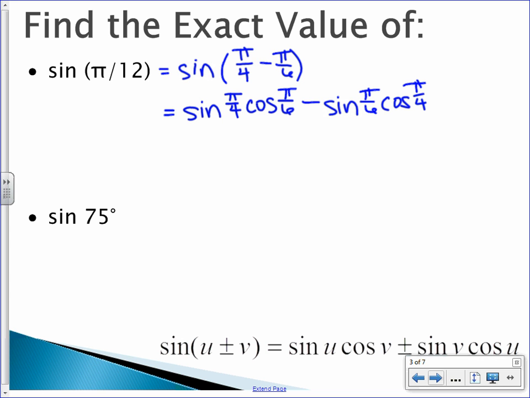Okay, can we evaluate everything now? Yeah, we can. What's the sine of pi over 4? Times the cosine of pi over 6.